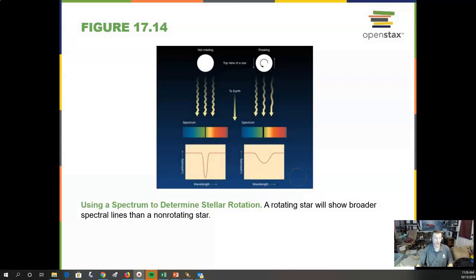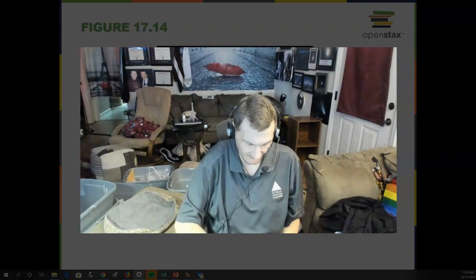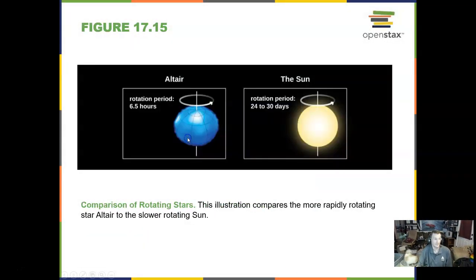As that object goes away from me, we get a red shift. So as a star rotates, you have one side coming towards you, and you can measure that. It's small, but you can measure it. The side going away from you, you can measure that. And we can measure how fast the sun or any other object rotates.